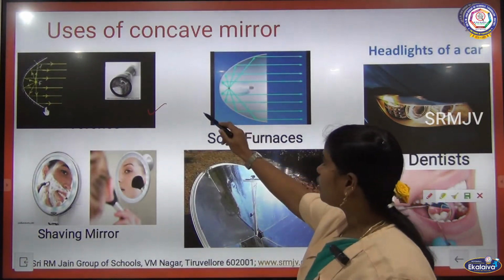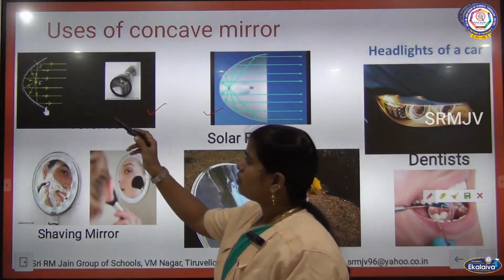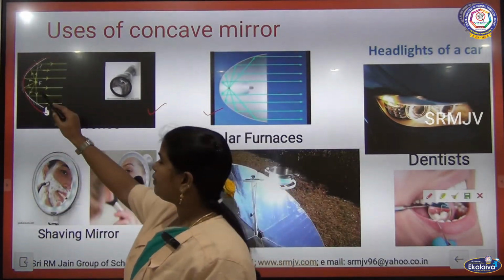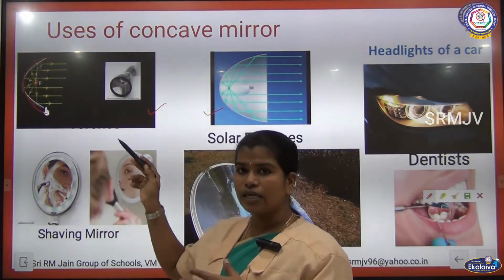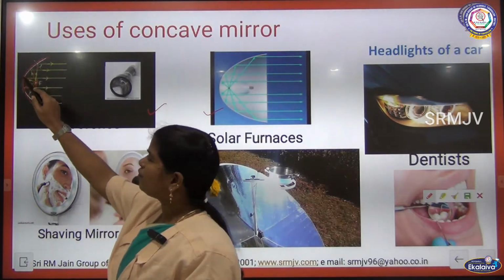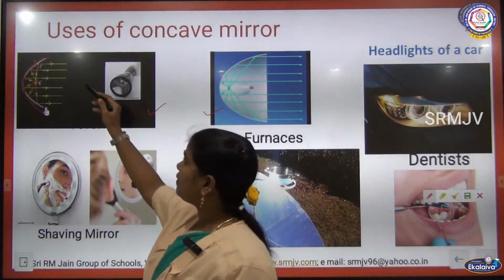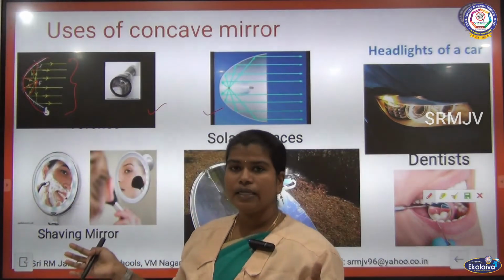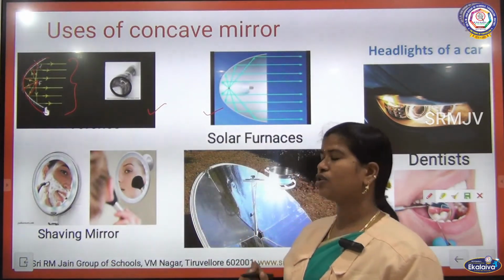This curved surface is nothing but the concave mirror, and if the bulb is at the focus, all the rays incident on the concave mirror will give a parallel beam of light, so that we get a bright light. So that is in the case of searchlights.